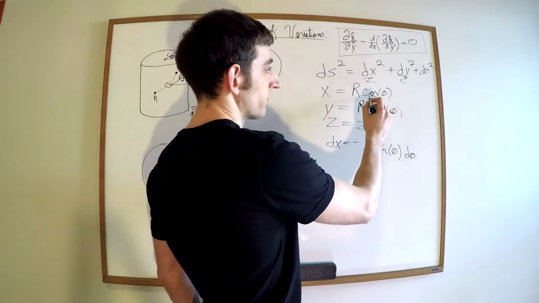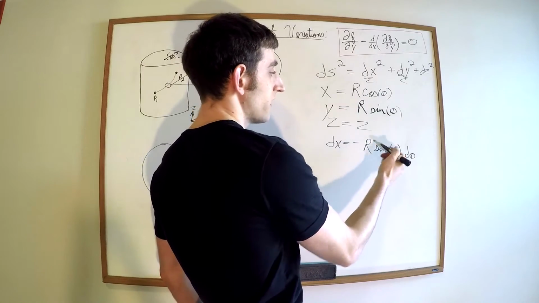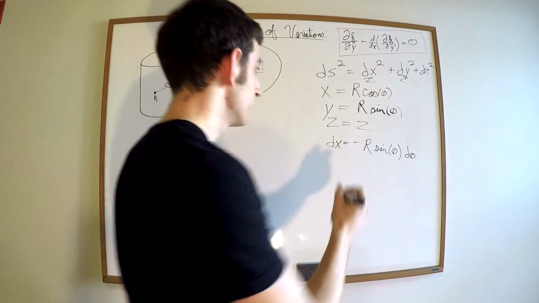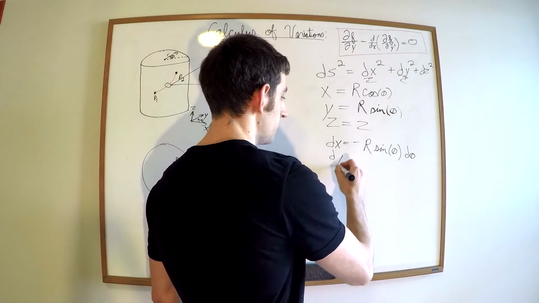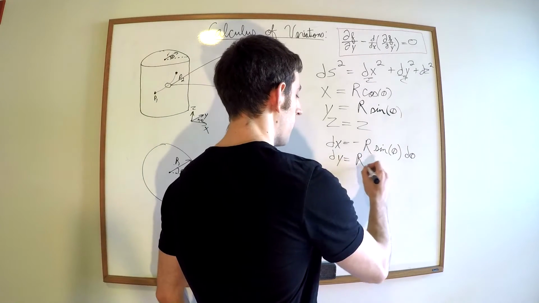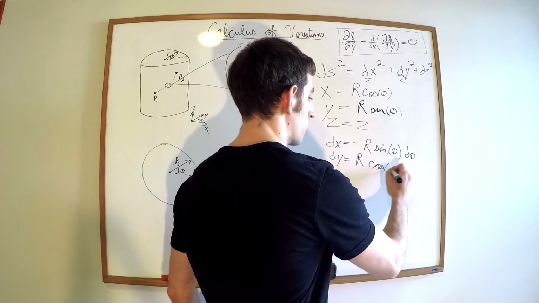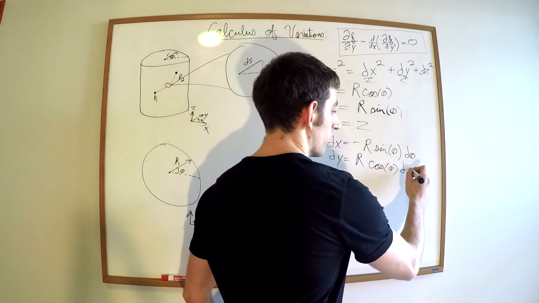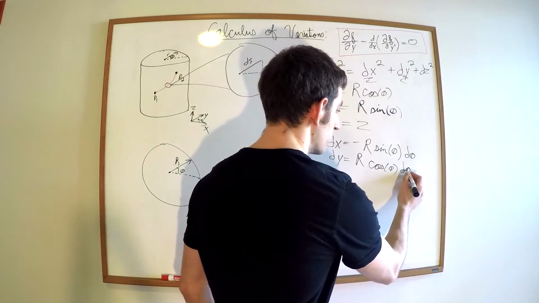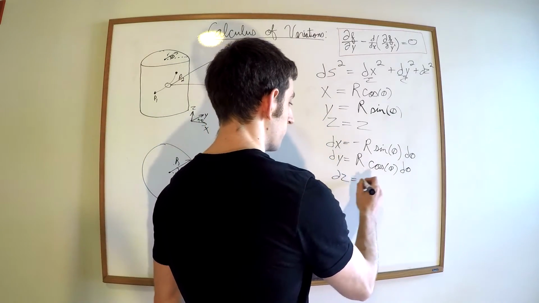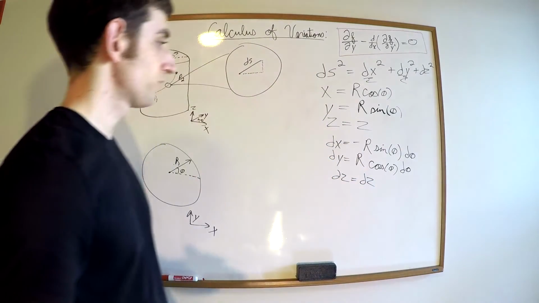I just took the derivative of cosine, that's negative sine, and then I took the derivative of the variable inside. We do the same thing for dy. Derivative of sine is cosine, so we get r cosine theta, and then chain rule again, d theta. We can do the same thing with z. This guy's easy. dz equals dz, okay?